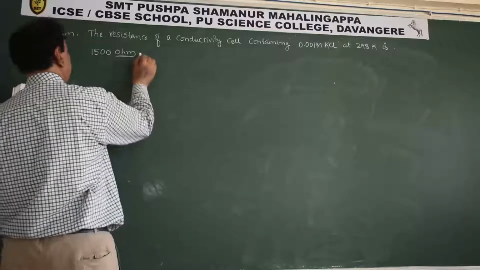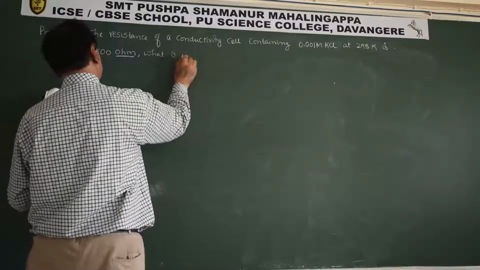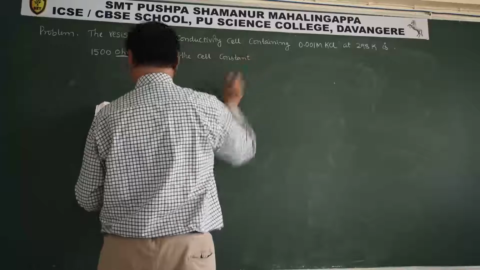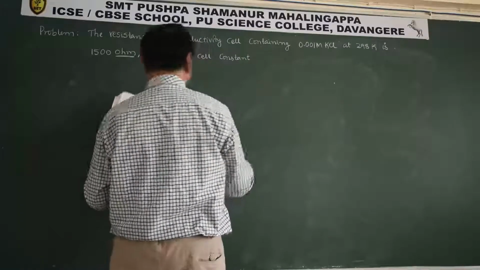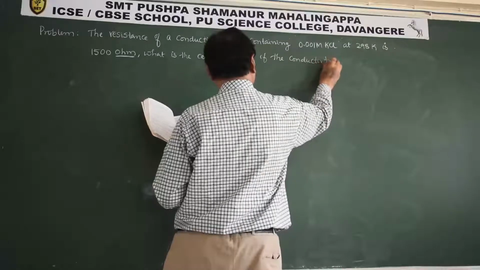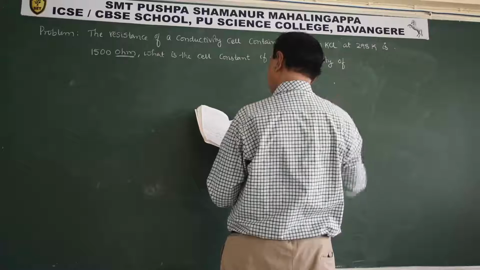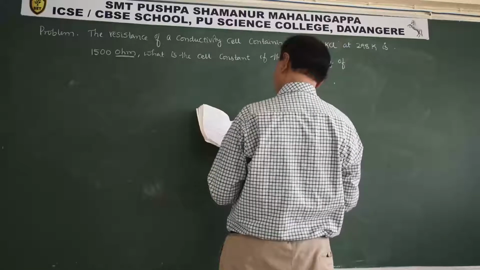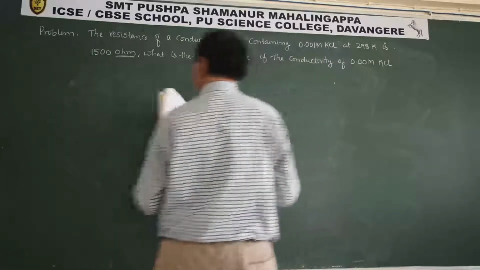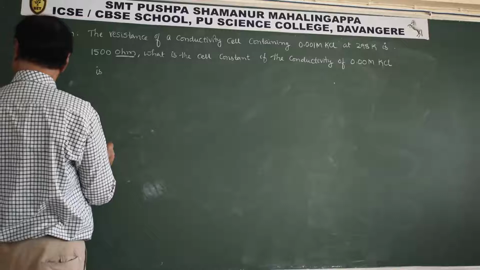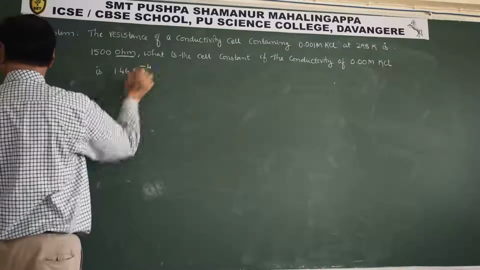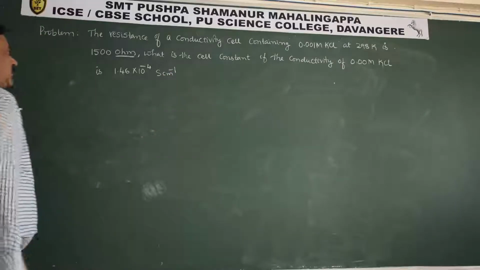What is the cell constant if the conductivity of 0.001 molar KCl is 1.46 into 10 to the power of minus 4 Siemens per centimeter?